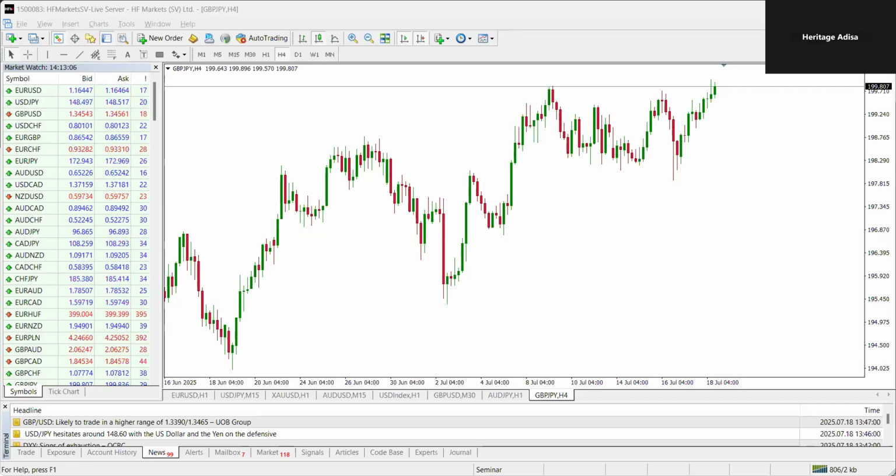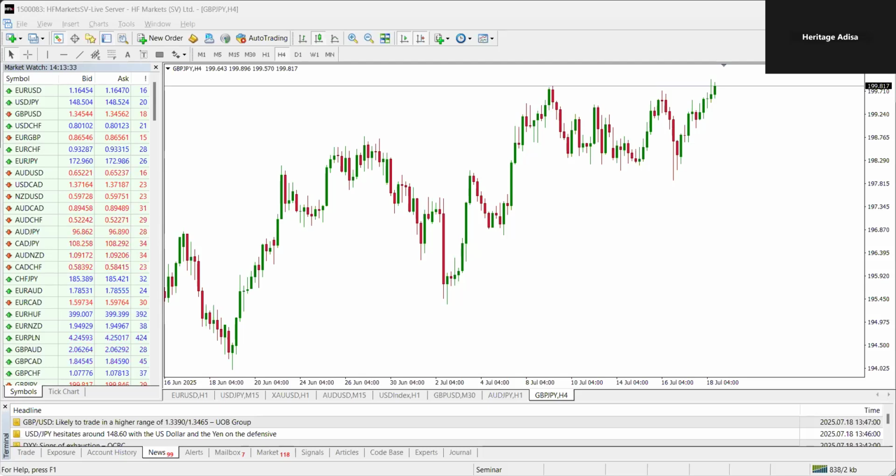But the idea that you want to buy when prices are going up could also be a challenge, because there's an important principle in trading that even if you're buying when you see that prices are clearly going up, you still want to buy at a lower price, right? The fact that price is going down doesn't mean you just jump in and sell. If you want to sell, yes, you've identified that price is going down and you want to sell.